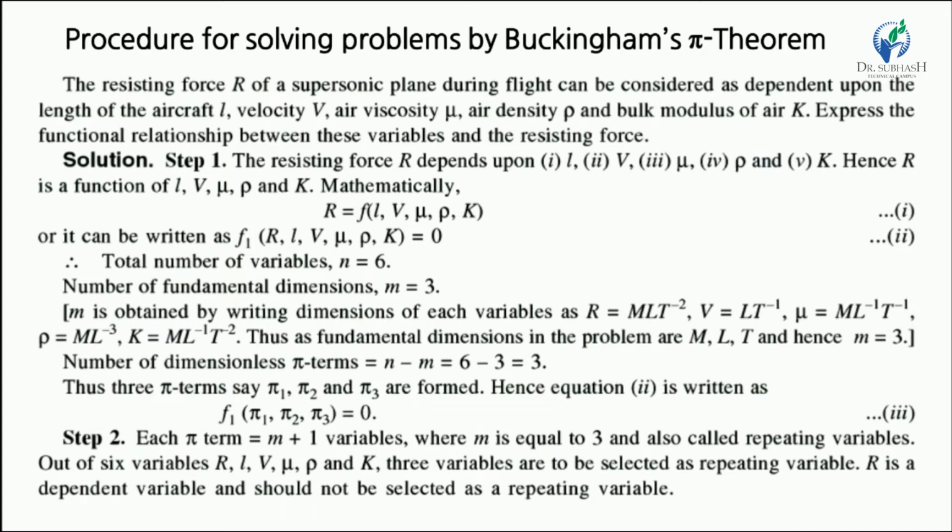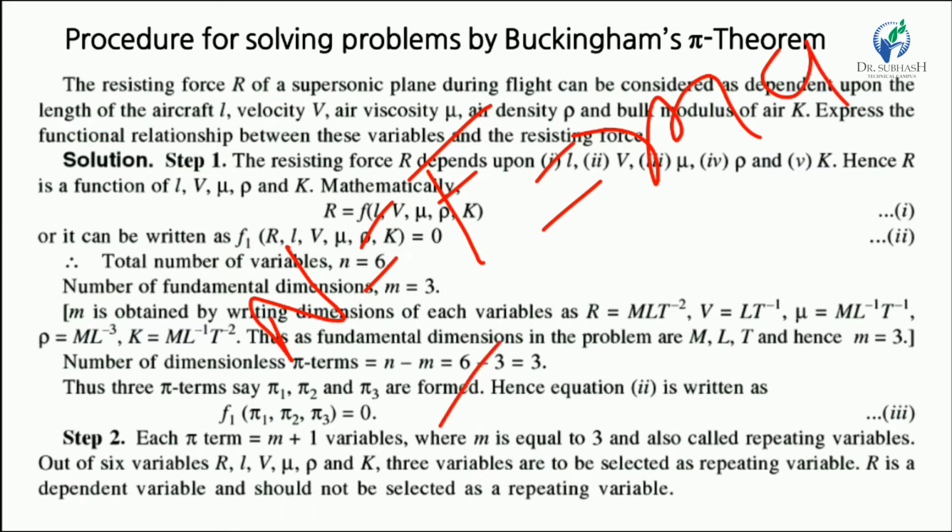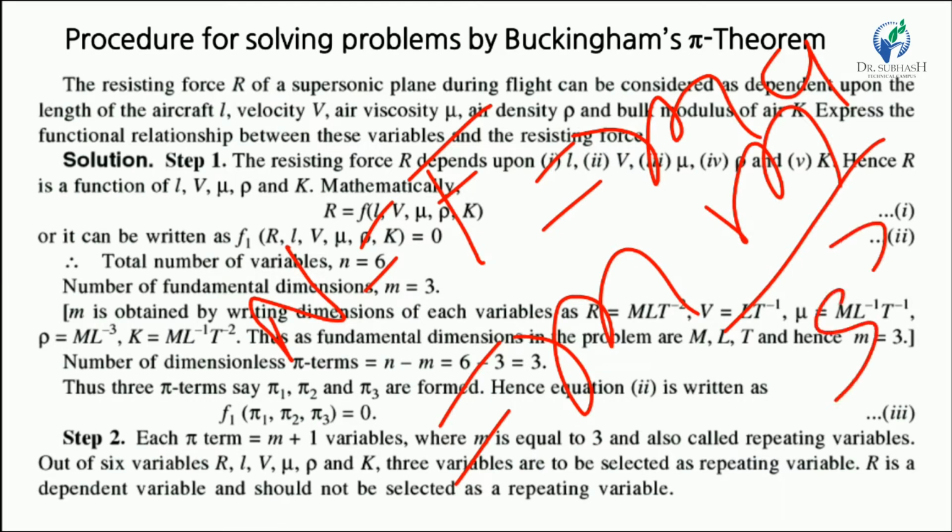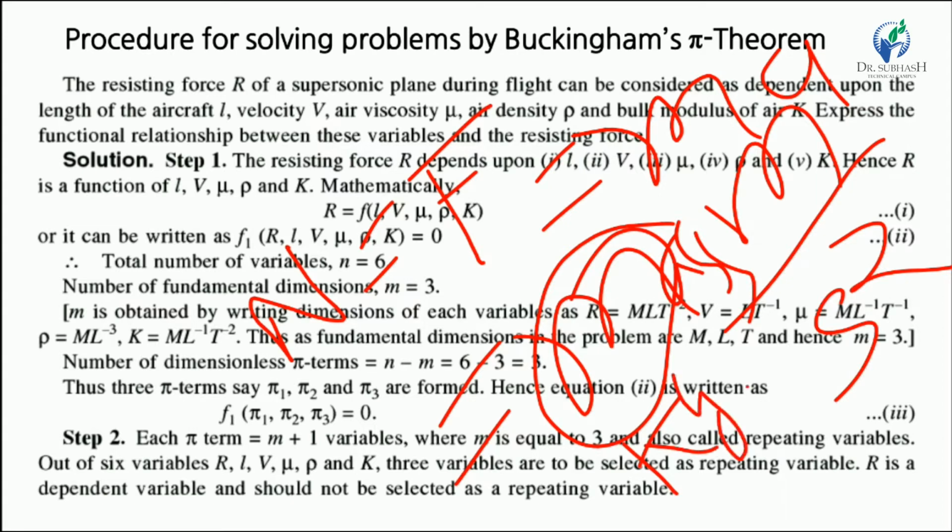Now we have to find the MLT form of all the variables. First of all, the resistance force. We know that the unit of force is the Newton. Force is mass into acceleration, so kg into meter per second square.